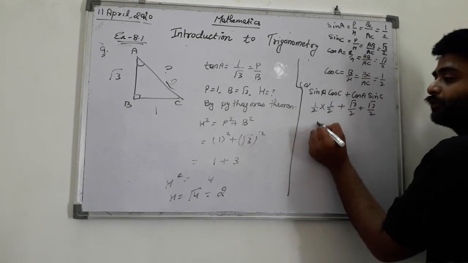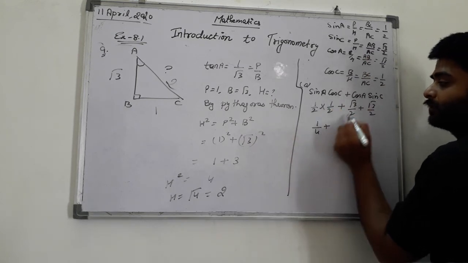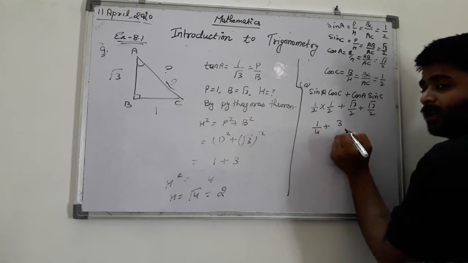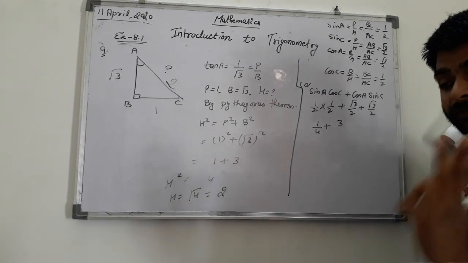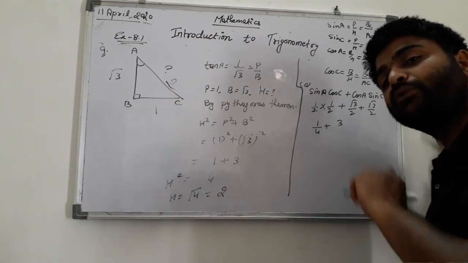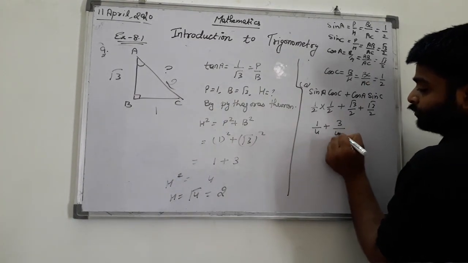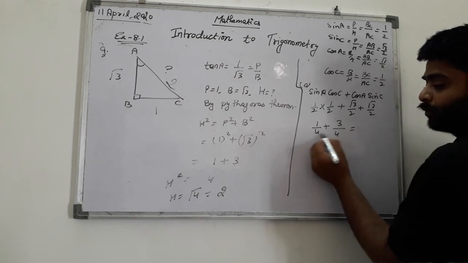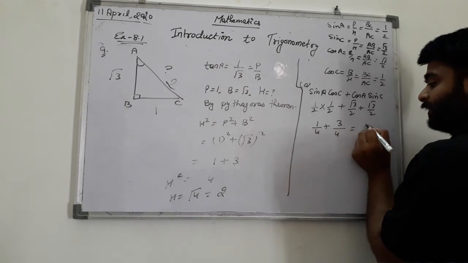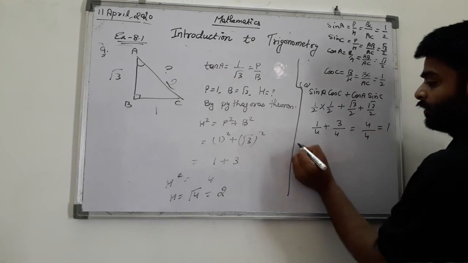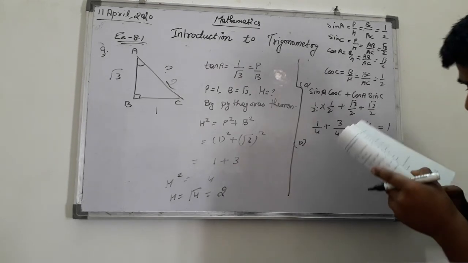So 1 into 1 is 1, 2 into 2 is 4, plus root 3 into root 3 is 3. As I told you before, if the same value under root is multiplied, then the root is removed. So 4, we are taking LCM, 4 is the LCM, 1 plus 3 is 4. So it's 1.